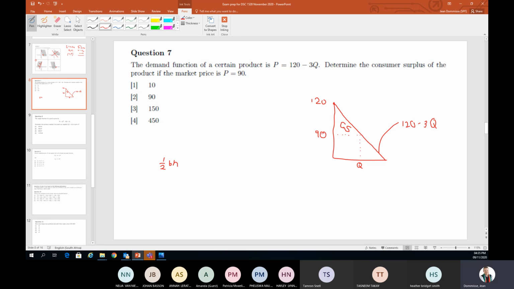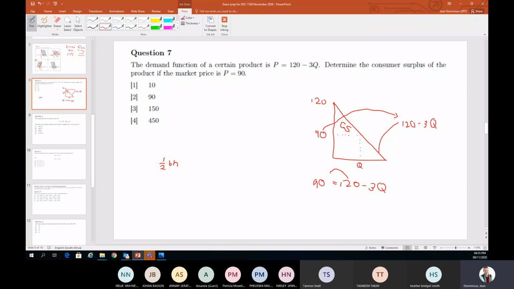So what we do basically is put 90 into that equation to get the Q. So 90 is equal to 120, remember that is price, minus 3q.